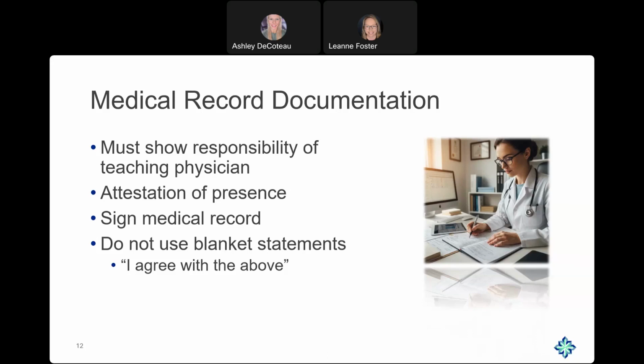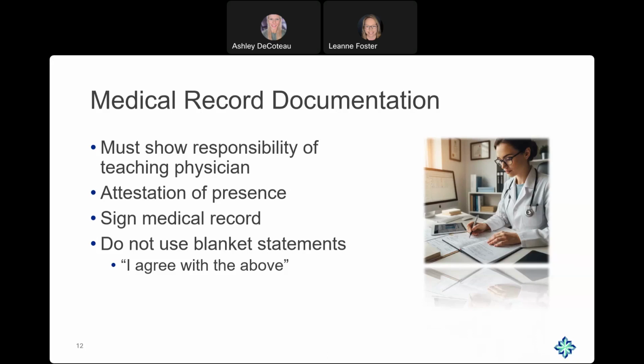Another question we received was, does the teaching physician need to provide a separate identifiable note if the resident does not document the teaching physician participation? The answer is that the attestation of presence, again, can be documented by the teaching physician, resident, or nursing staff.